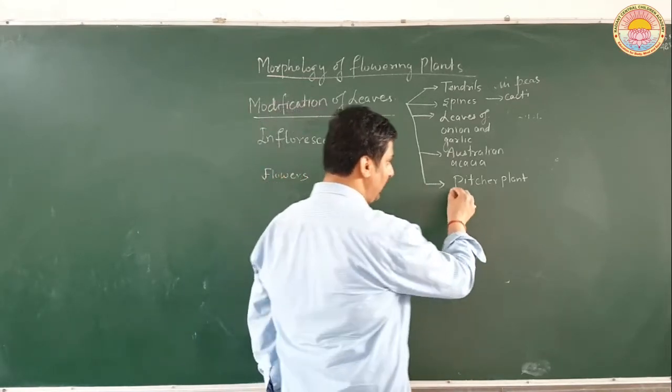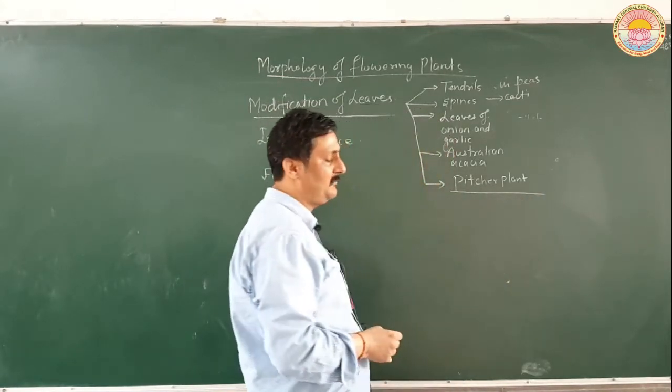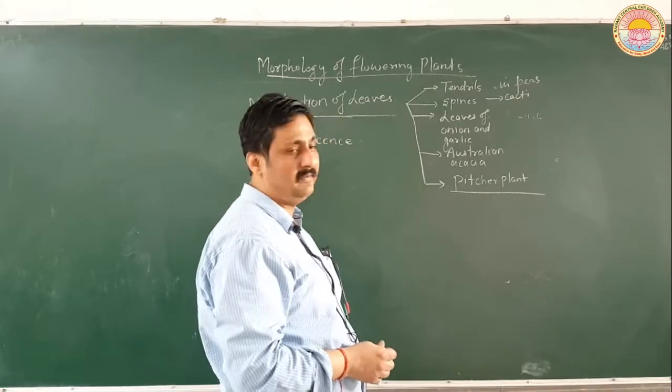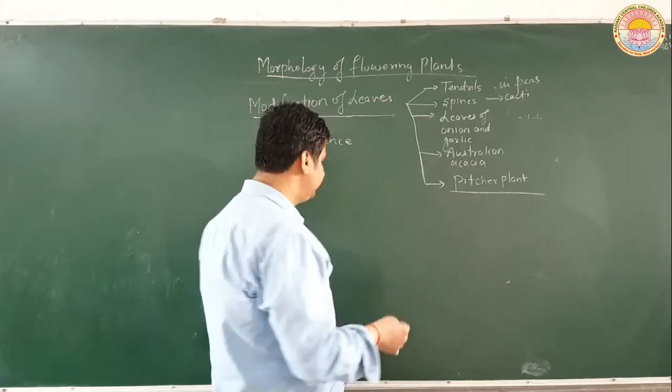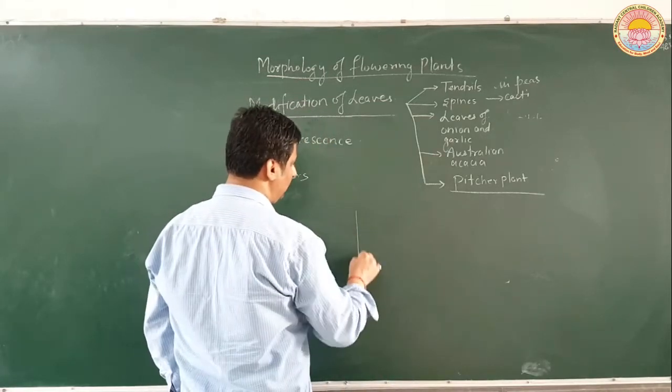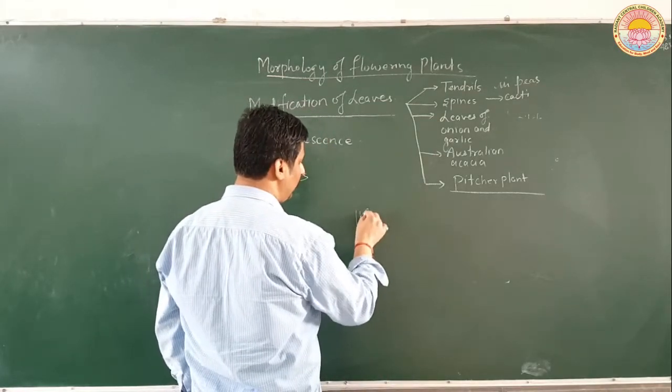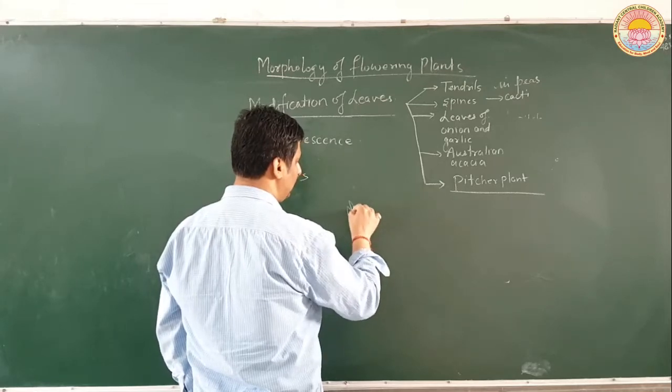In case of insectivorous plants such as pitcher plant or Venus flytrap, even the leaves are modified. Just have a look at a diagram of how the leaves become modified.